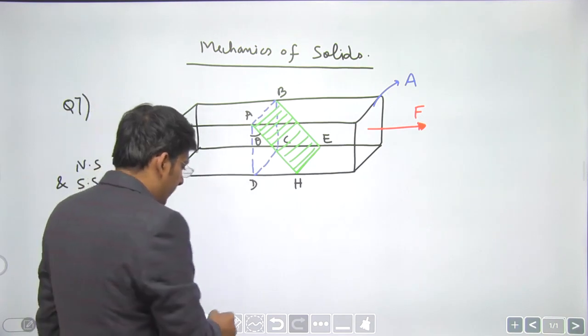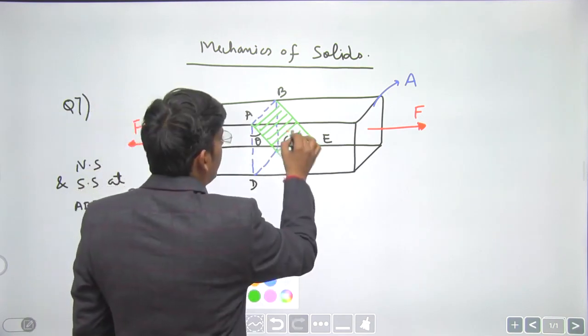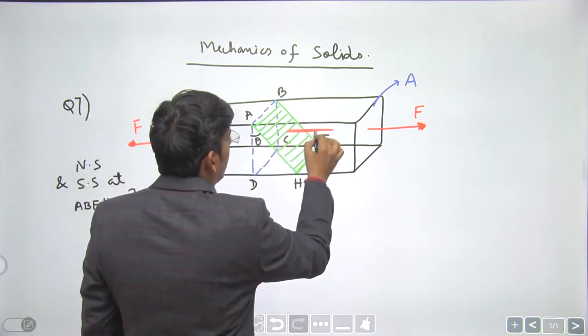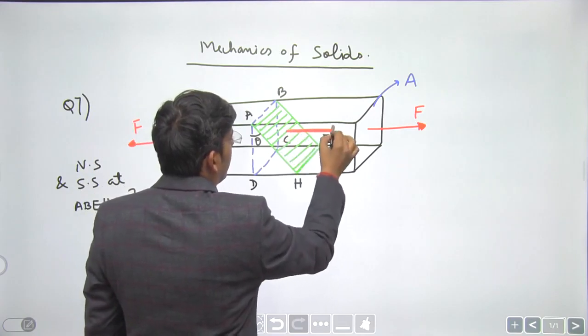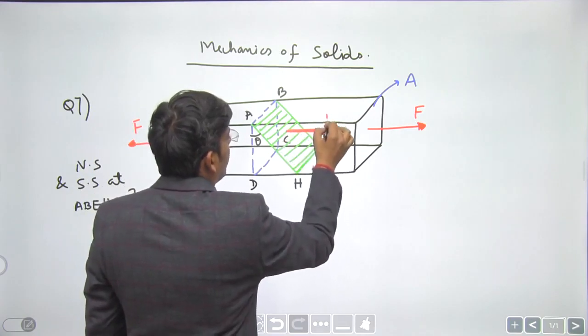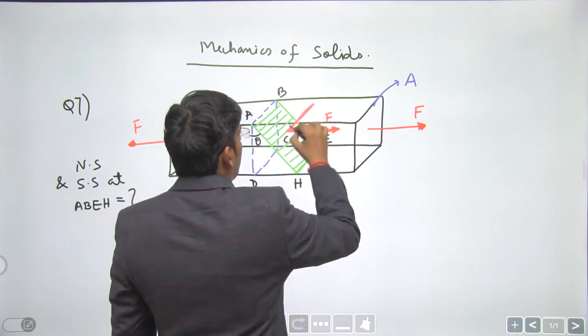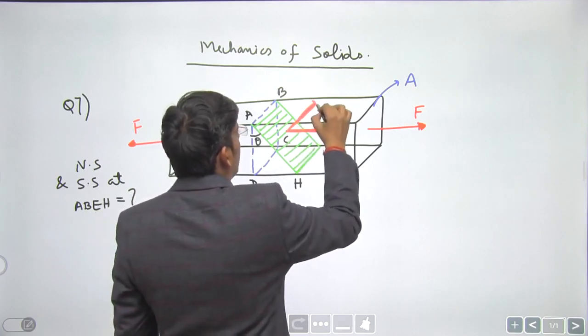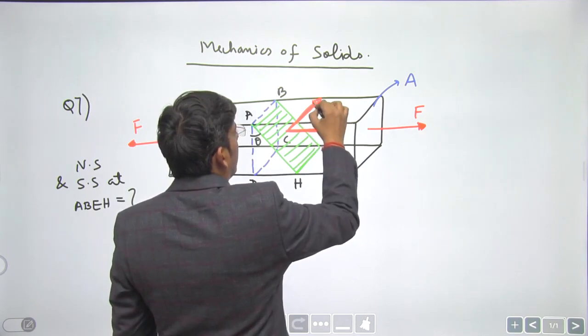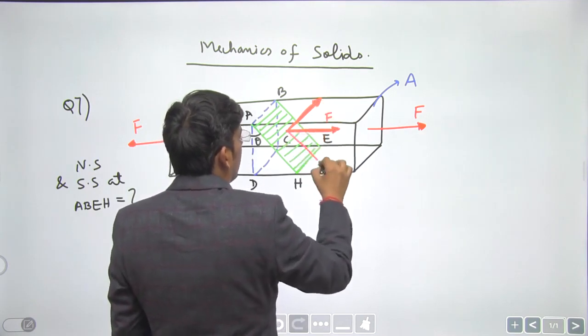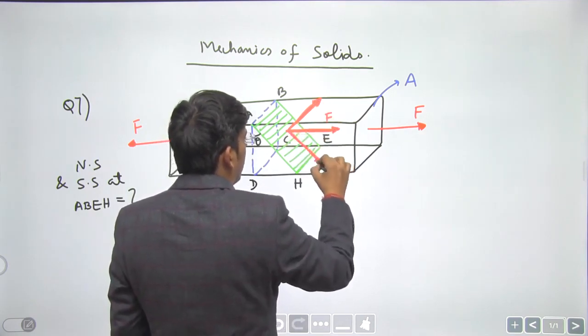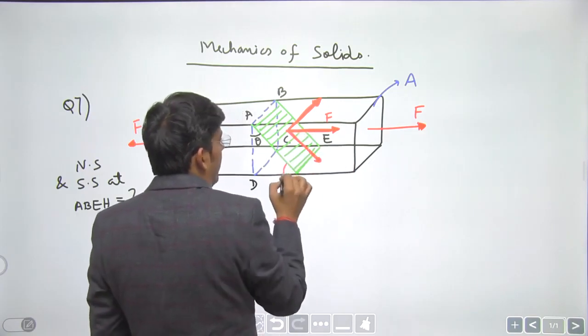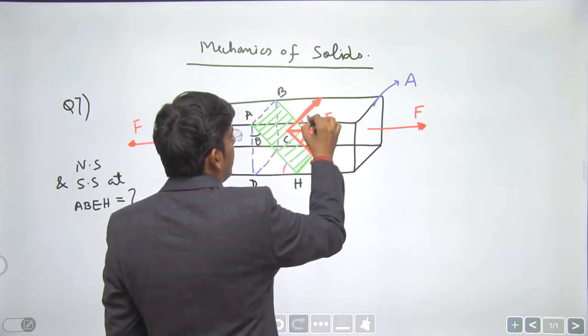So this force is capital F. Let us do the resolution of forces now. This angle is theta, this is 90 minus theta, this is 90 minus theta, this is theta, dear students.